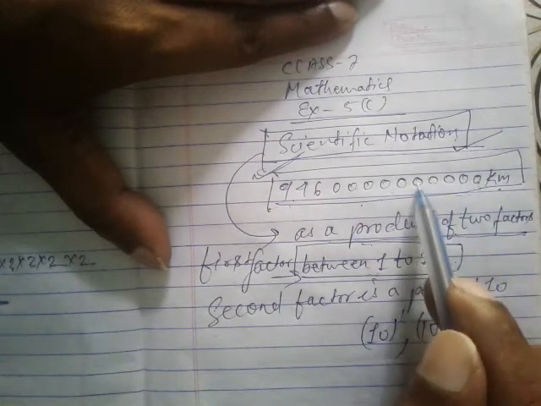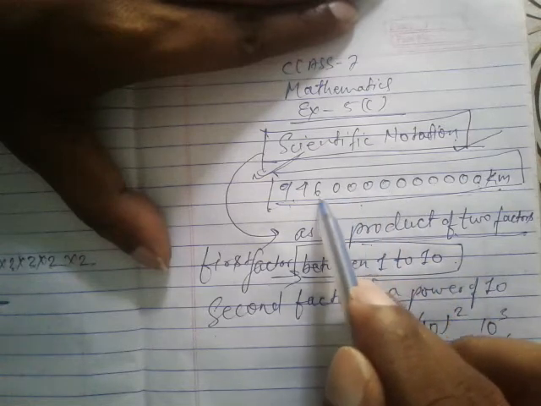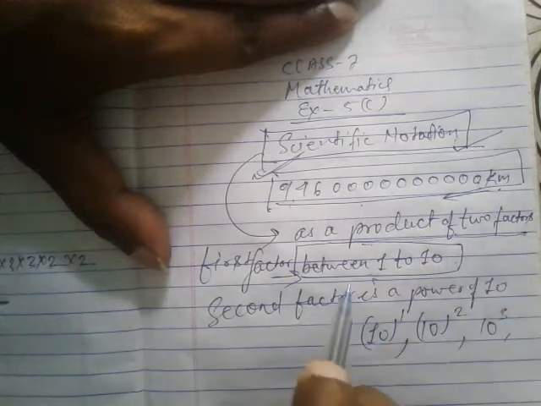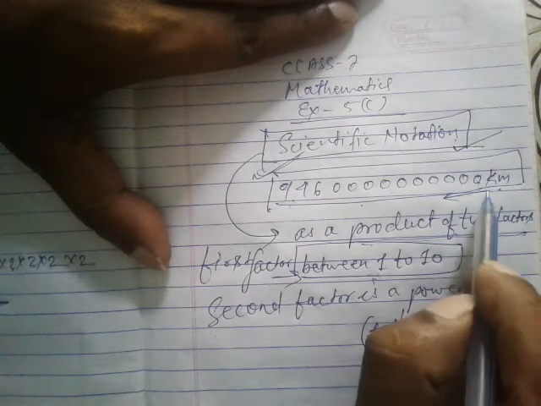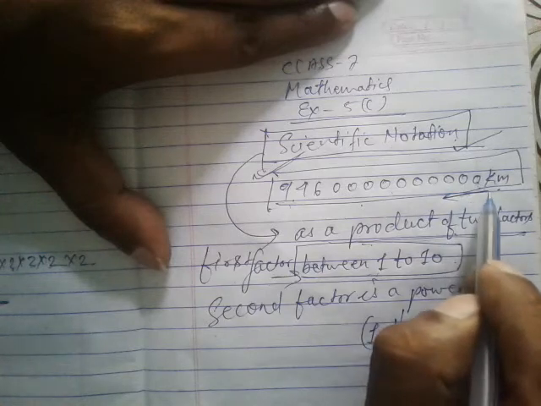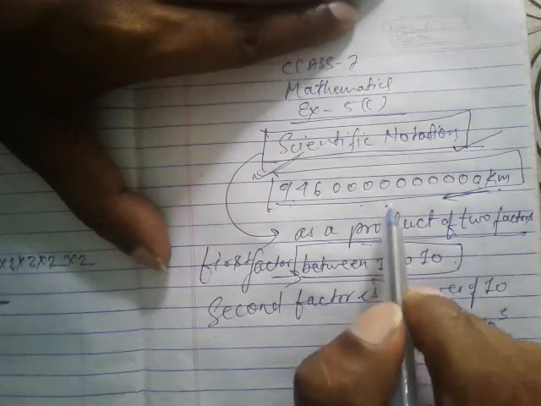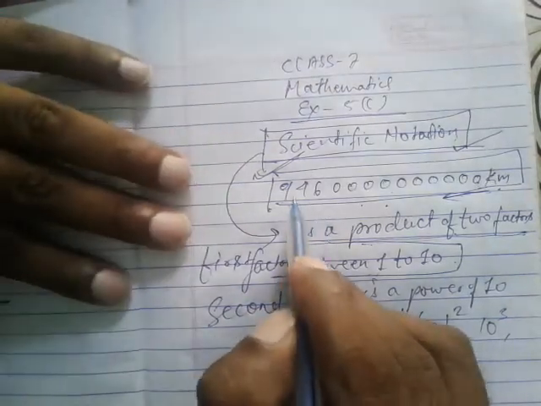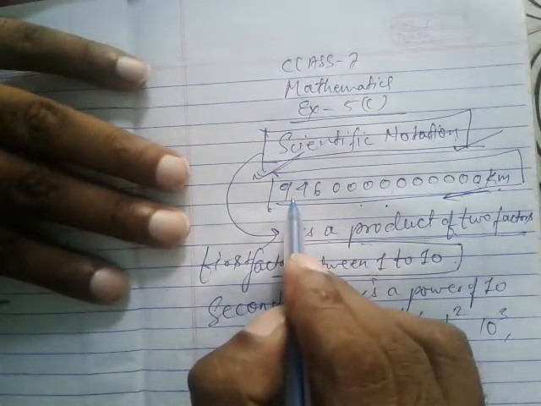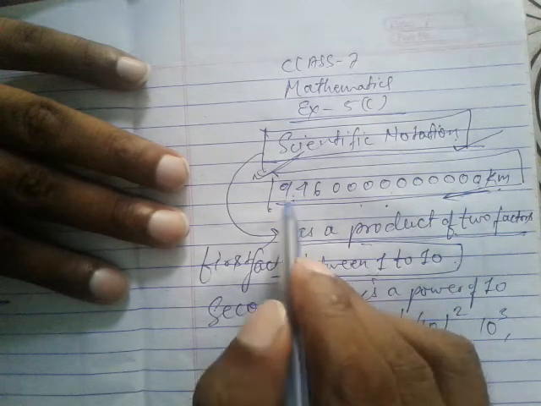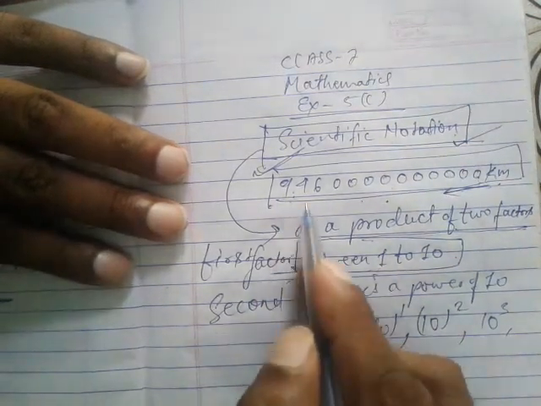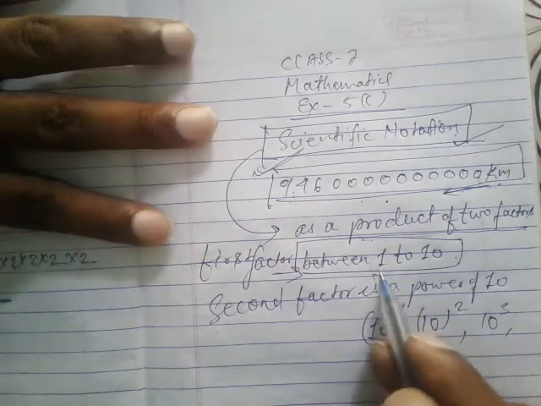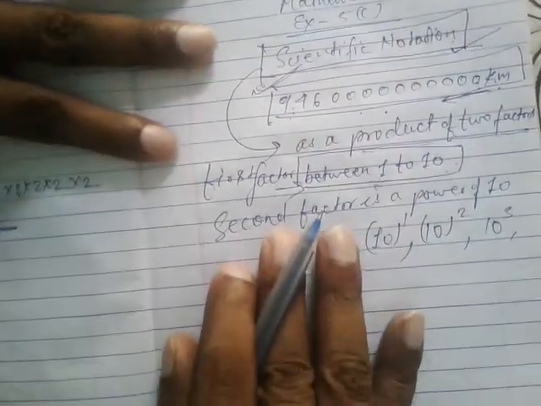1, 2, 3, 4, 5, 6, 7, 8, 9, 10, 11, 12, 13. So start counting from right to left, and we have 13 digits. Leave one digit, and you have one factor which is a number between 1 and 10.